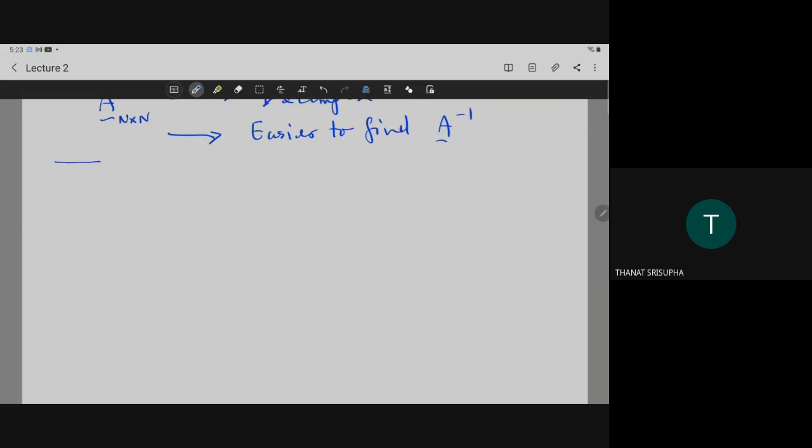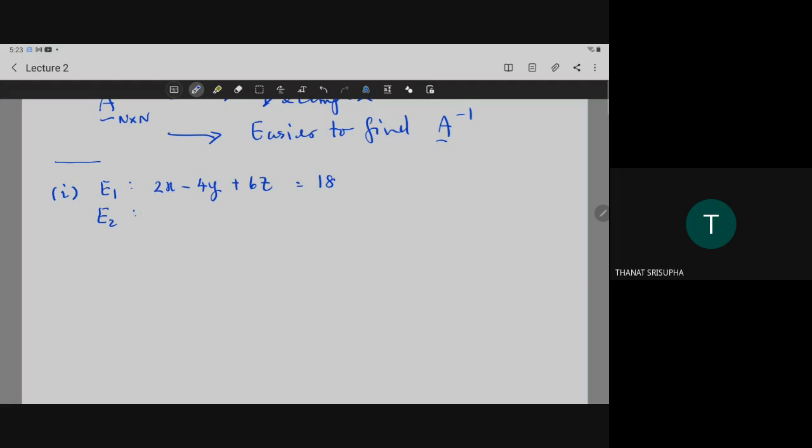Let me start from, say, step I, okay? We have the first equation, which is 2x minus 4y plus 6z equals 18. Okay?